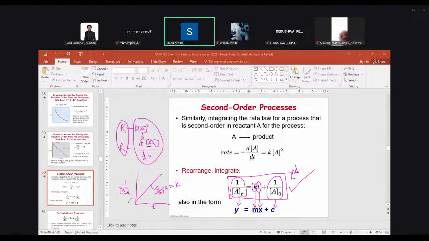And then your y-intercept, where your graph touches your y-axis, will be equal to 1 over the initial concentration of A.